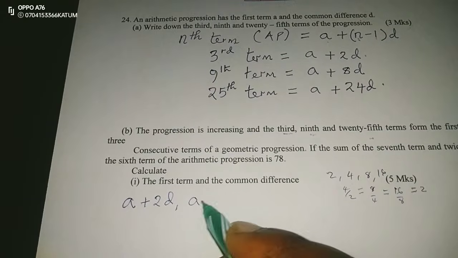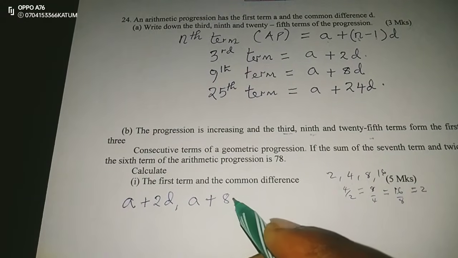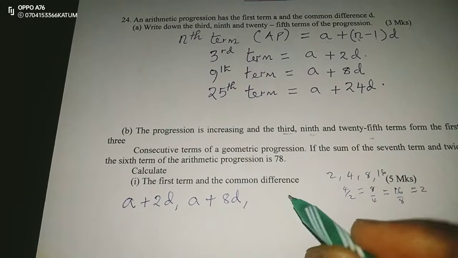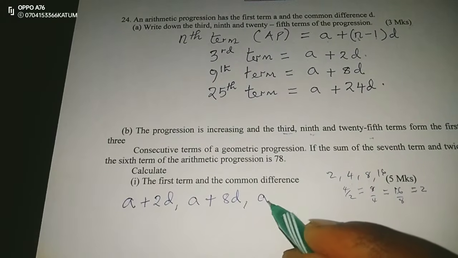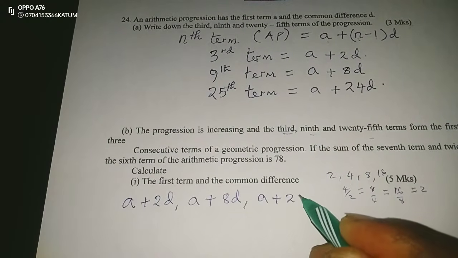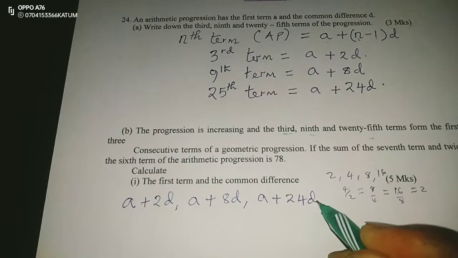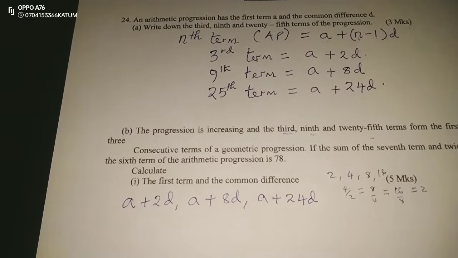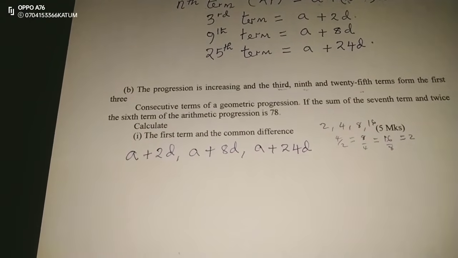The next is A plus 8D. The next is A plus 24D. Now, these follow one another like that for a given GP.